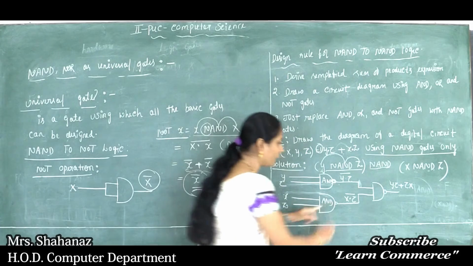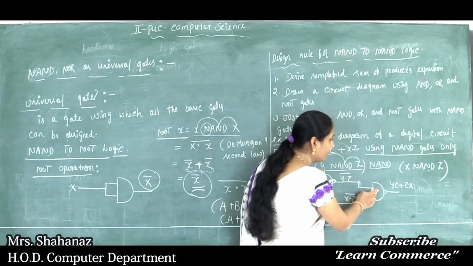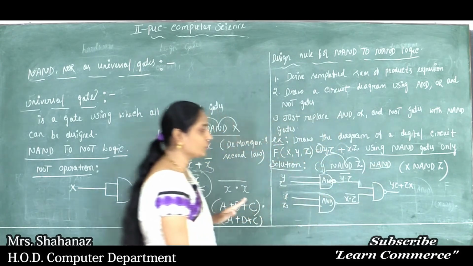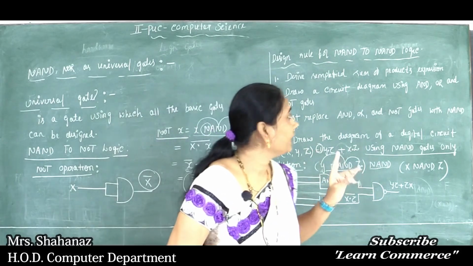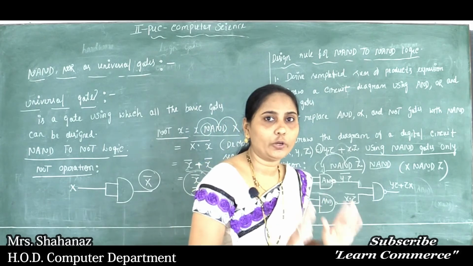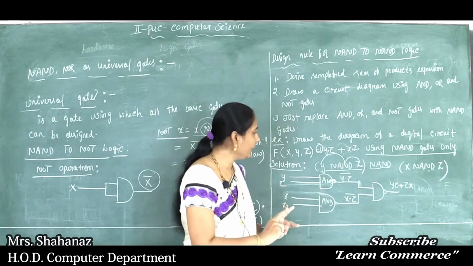So both are going to connect to our NAND, that is the AND NOT. So like that we are going to complete. It is called the design rule for NAND to NAND logic. Whatever the gate is, we just convert it to a NAND gate.